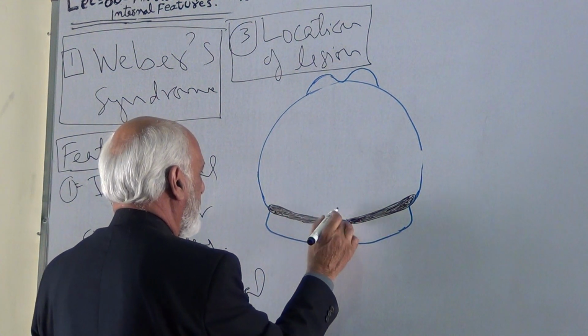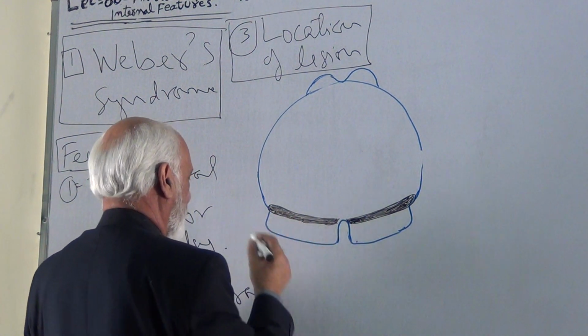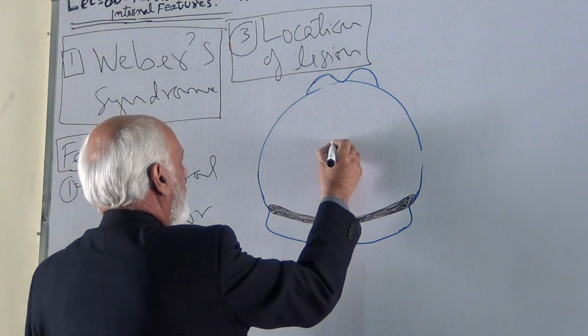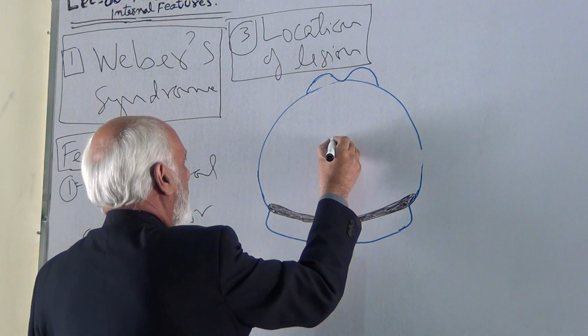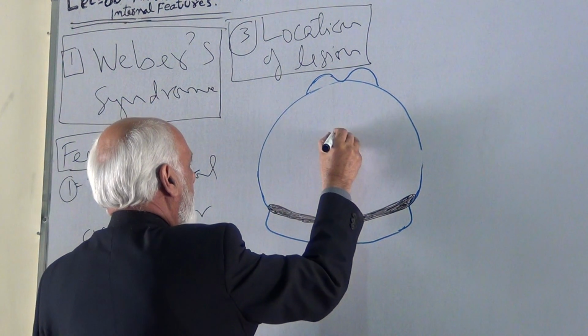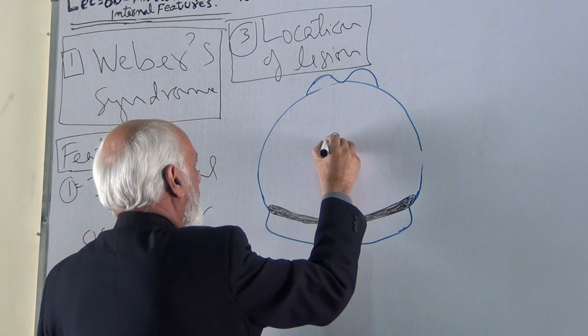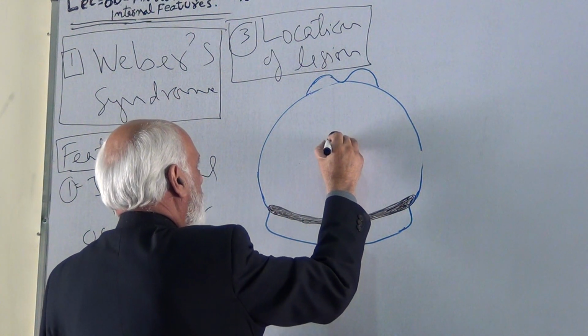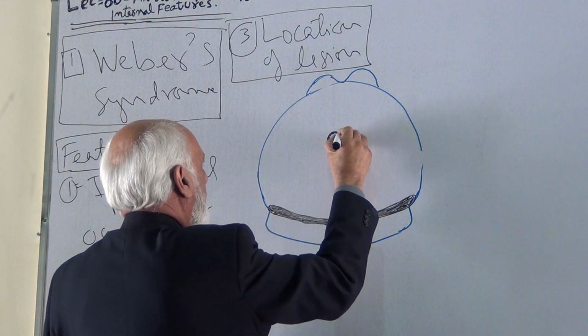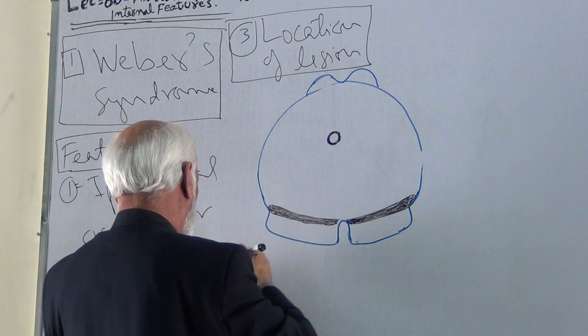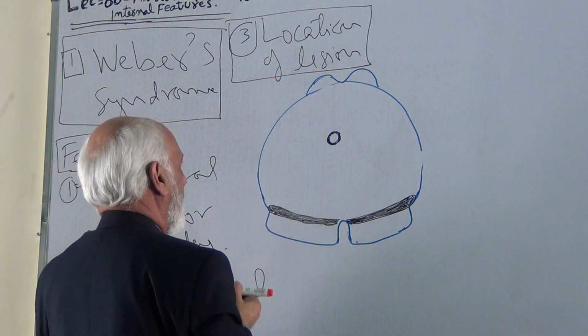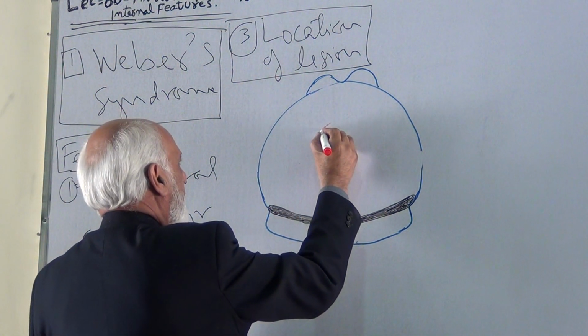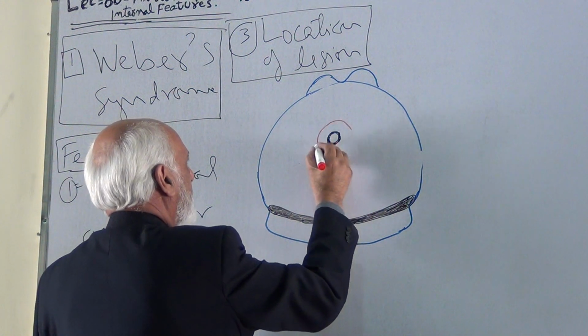Then the central canal, that is the cerebral aqueduct, the canal passing through the center of the midbrain, surrounded by central gray matter.